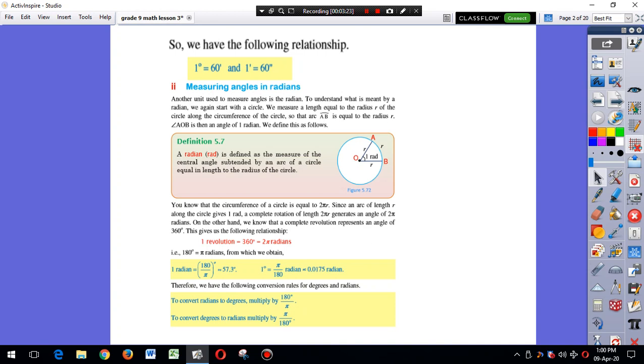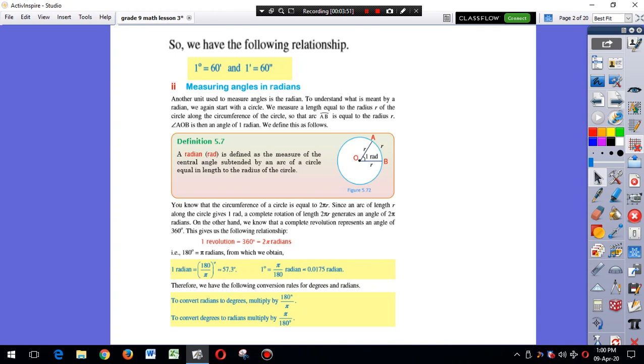You know that the circumference of a circle is equal to 2 pi r. Because if you are asked to find the circumference of a given circle, we will use the formula circumference is equal to 2 pi r or pi d. Since an arc of length r along a circle gives 1 rad, a complete rotation of length 2 pi r generates an angle of 2 pi radians.